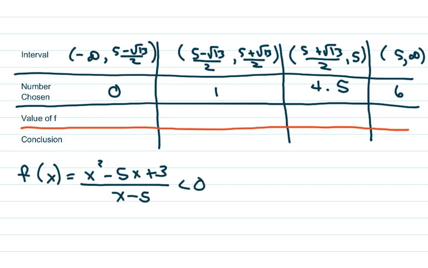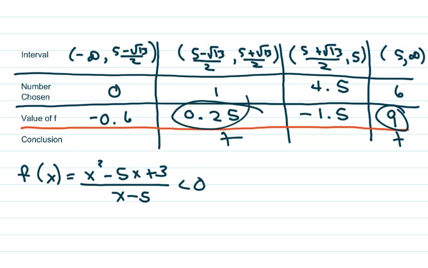The values I got were negative 0.6, 0.25, negative 1.5, and 9. Well, we want negatives. These two are positive numbers, so I don't really need these two. The ones that are negative are these two intervals.